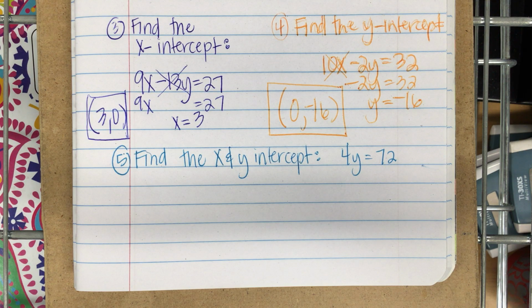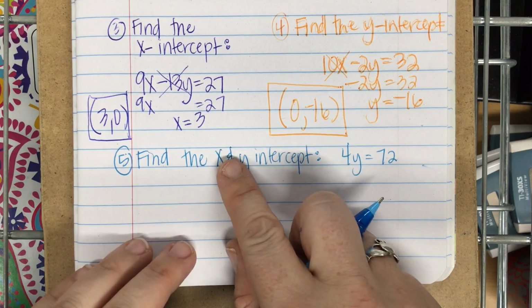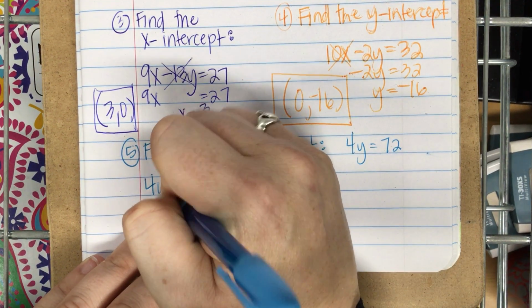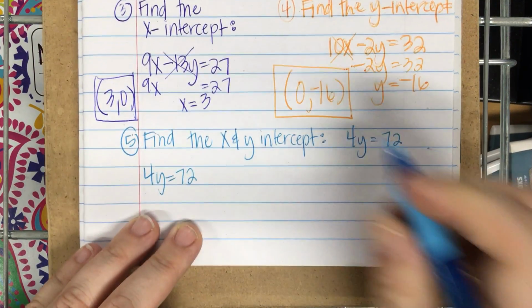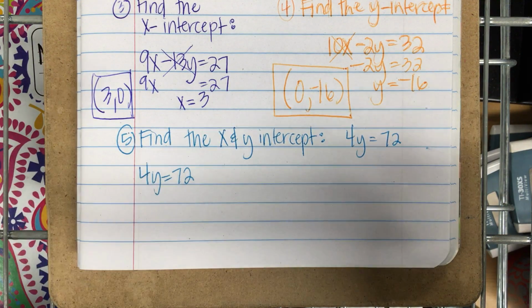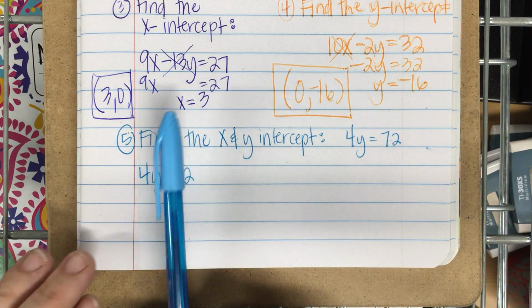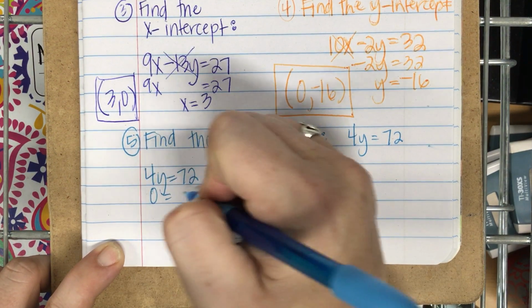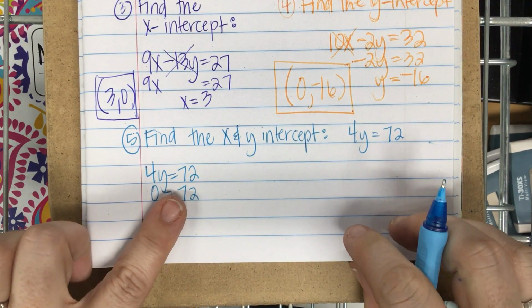Number 5. Find both the x and the y intercept. Well, to find the x-intercept, that means my y has to disappear. Correct? If my y disappears, what am I left with? 0 equals 72, and that's false.